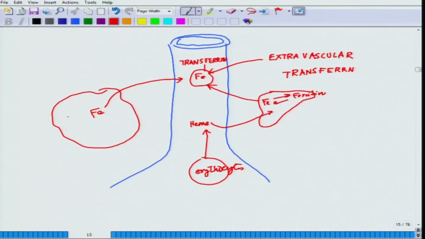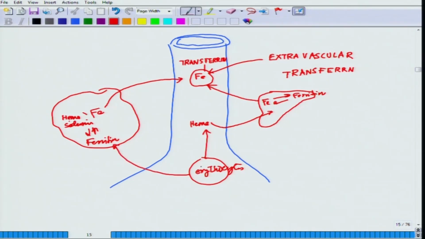So, basically there is something called hemosiderin to ferritin. These are the conversions which take place, and this iron is reabsorbed by the body. Okay.